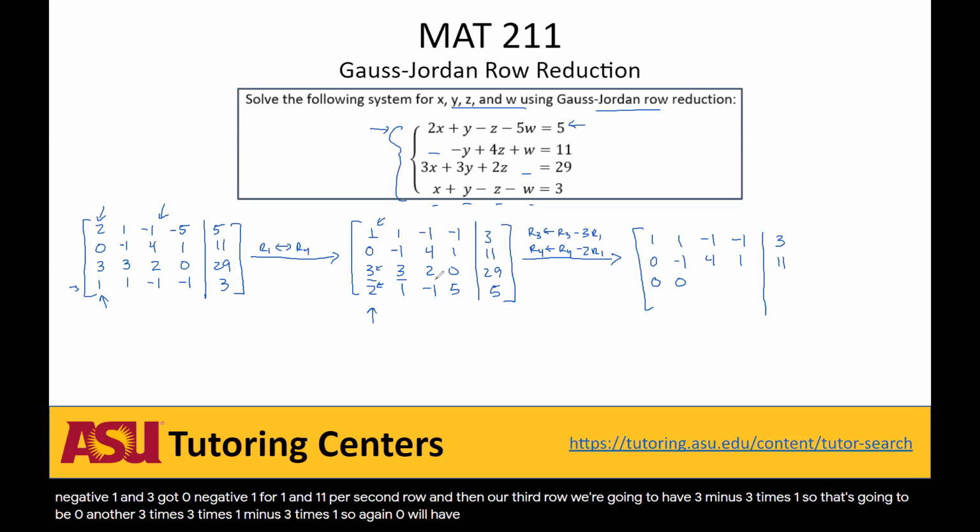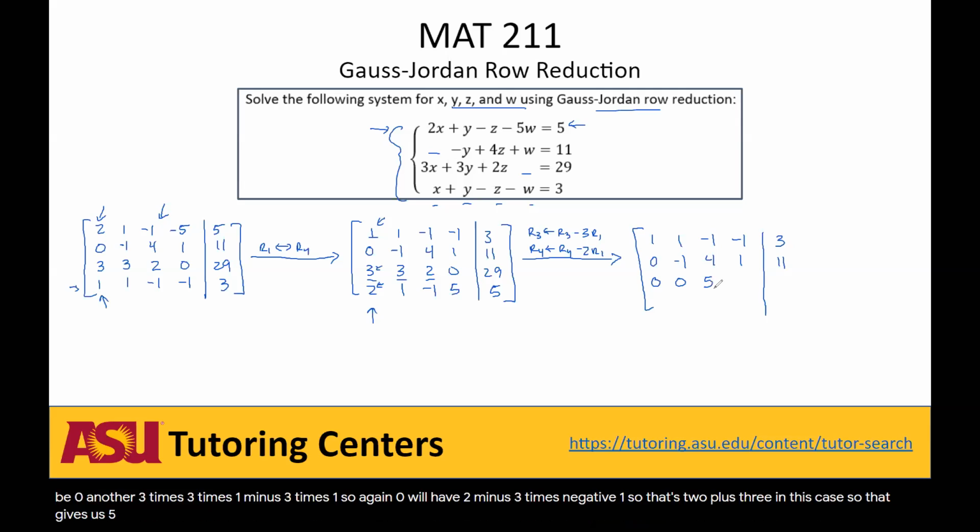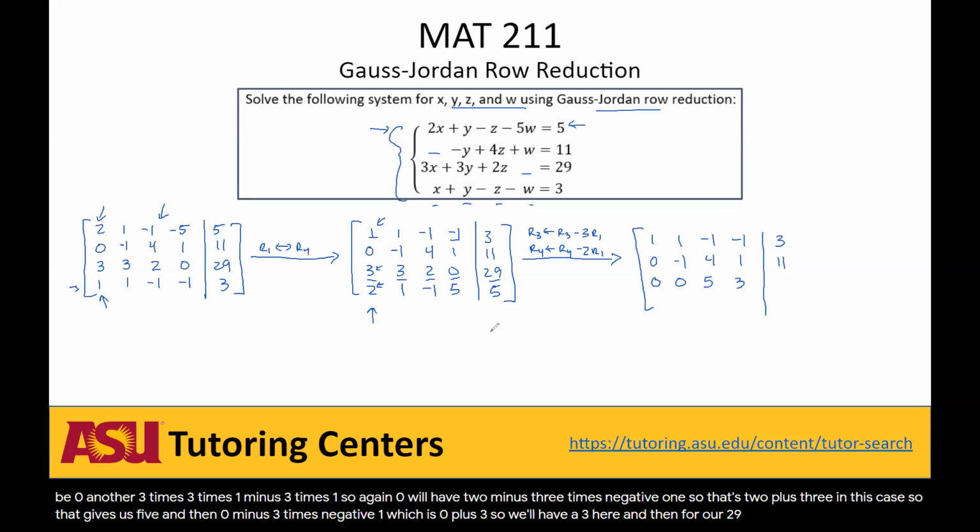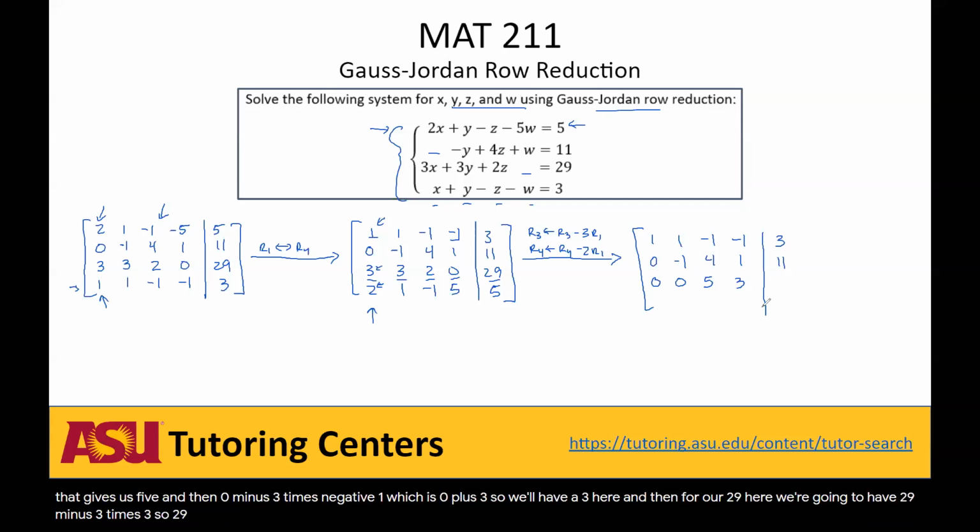We'll have 2 minus 3 times -1, so that's 2 plus 3, which gives us 5. And then 0 minus 3 times -1, which is 0 plus 3, so we'll have a 3 here. And then for our 29, we're going to have 29 minus 3 times 3, so 29 minus 9. So we'll have a 20.